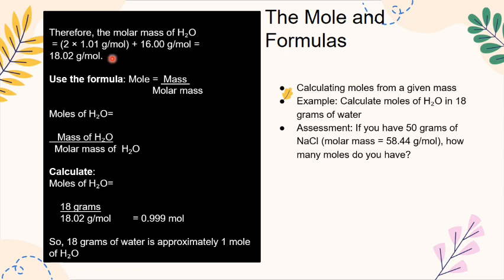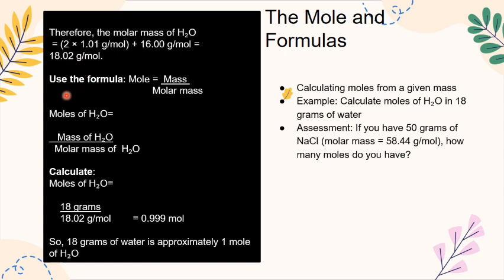In the formula of water, which is H2O, we have 2 atoms of hydrogen and 1 atom of oxygen. So that's 2 times 1, plus the atomic mass of oxygen, which is 16.00. That gives us 18.02 grams per mole. So the molar mass of water is 18.02 grams per mole.